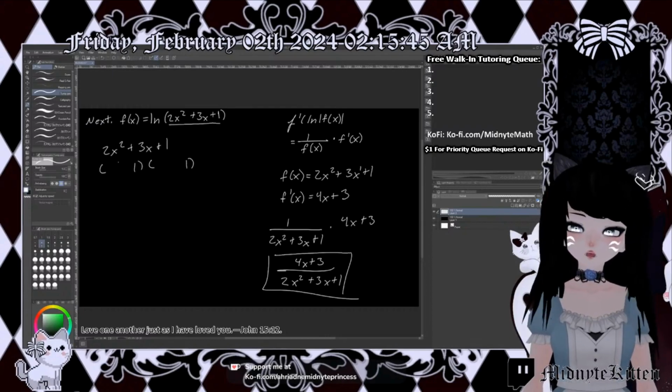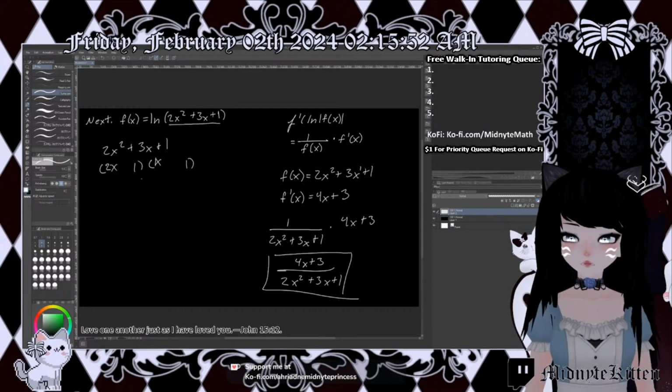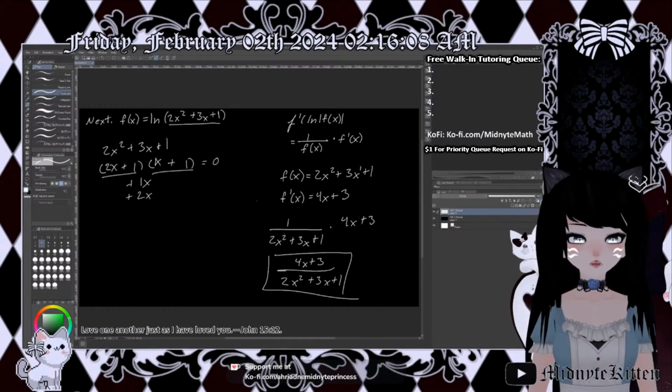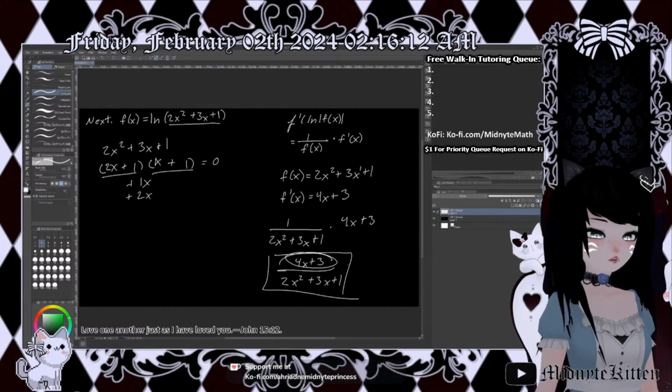In order to get 2, we need a 2 and a 1. Inside we get 1x, outside we get 2x. Both positive, it looks like it is factorable. But when we look at each of these, none of them match up with the numerator. So this is the most simplified form.